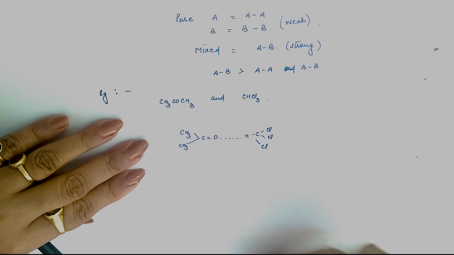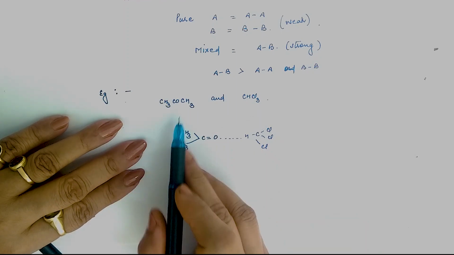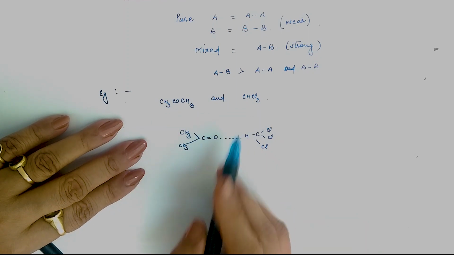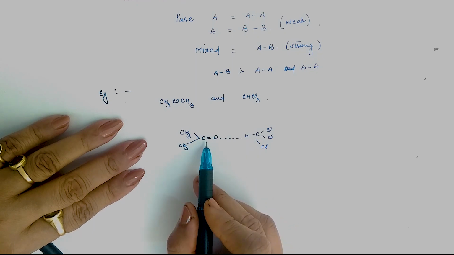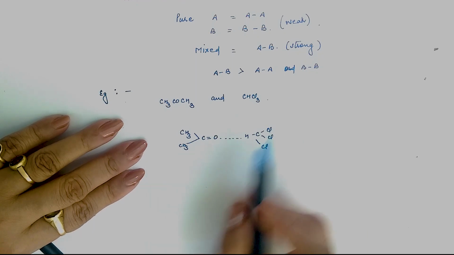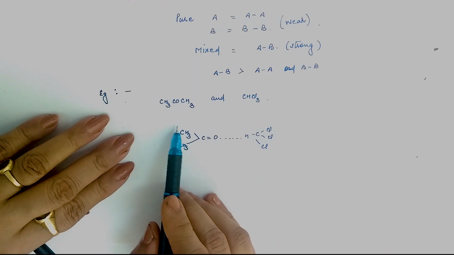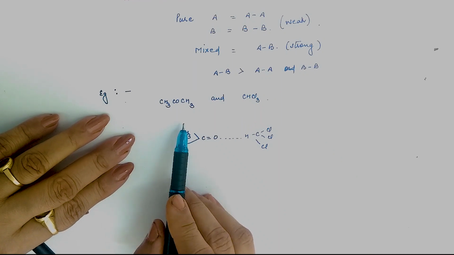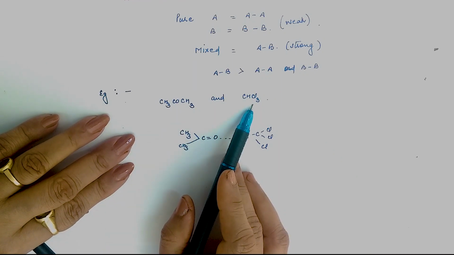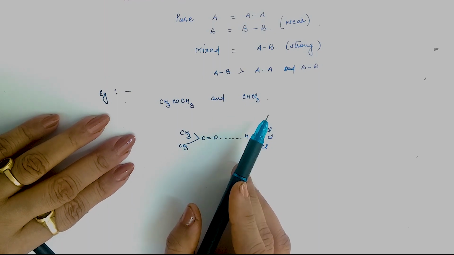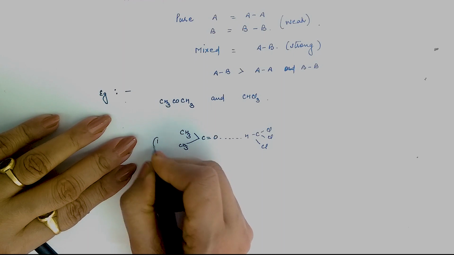So this is forming what? Hydrogen bonding. Previously, they did not have any hydrogen bonding, but when we added them together, it forms a hydrogen bond which is strong. Therefore, it is an example of which case? Acetone and chloroform is an example of negative deviation from Raoult's law. So this is the first example.